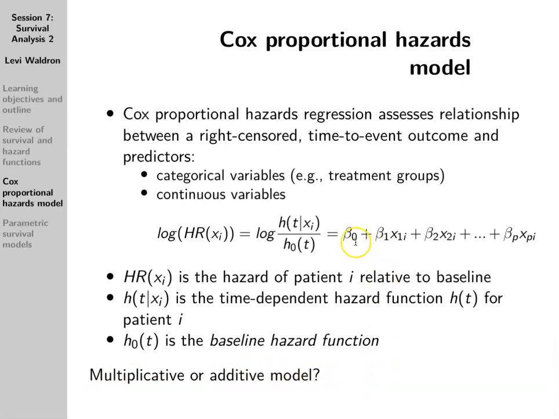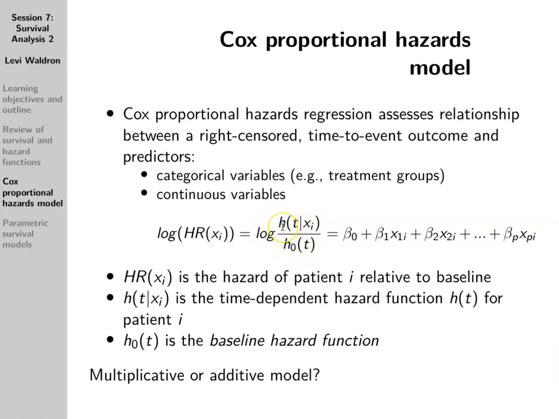Well, it's a multiplicative model, because if we add something to this linear predictor, so say x1 is a binary variable, in the non-reference category we add beta 1, that adds something to the logarithm, so it multiplies the hazard ratio.